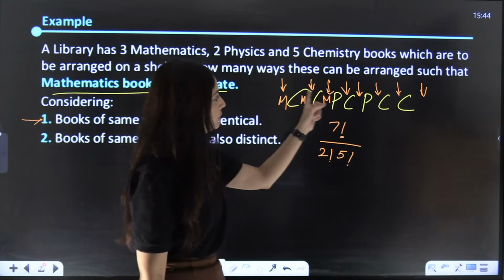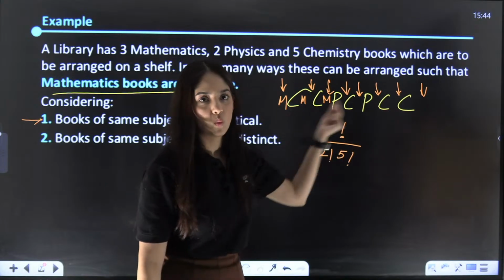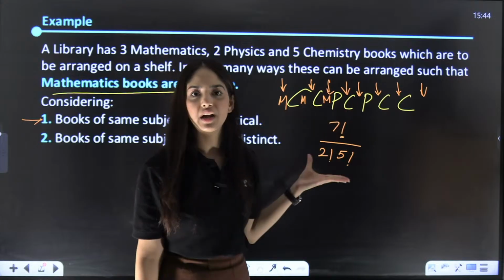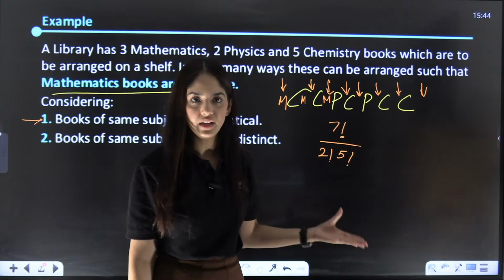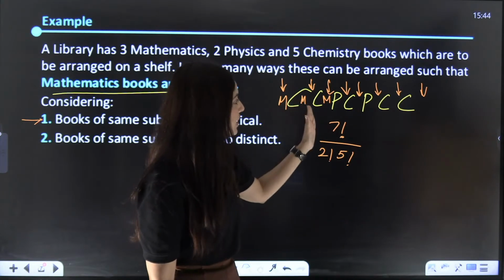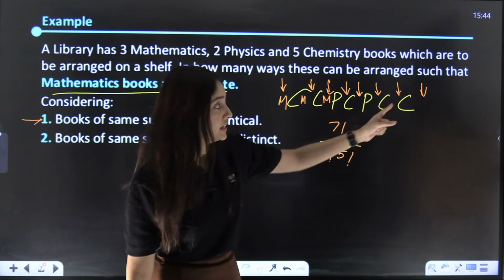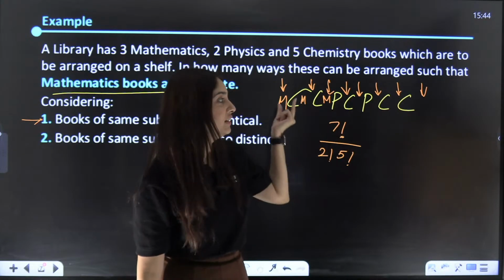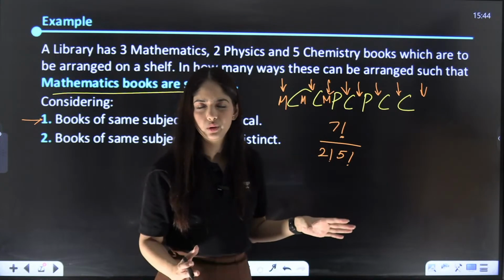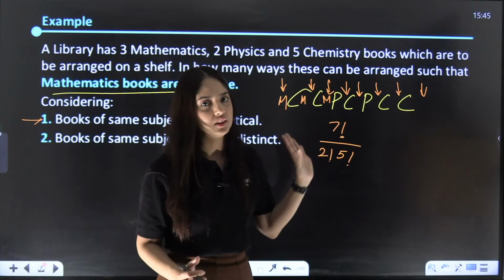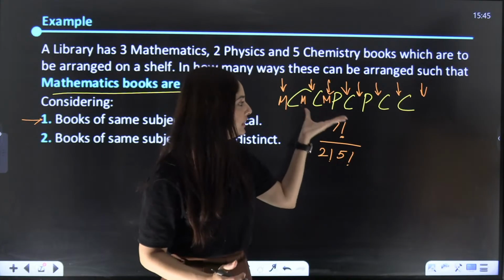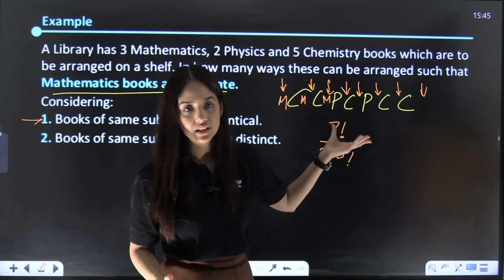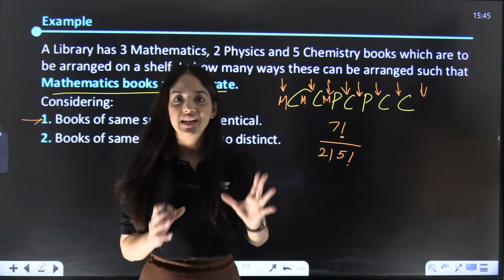So, how many of them are there? 8. One more than the objects that we had already placed, right? Because after every object that we had placed, there's one space and there's also one in the beginning. So, however you want to count, just one more than the objects we had already placed. In this case, we had placed 7 objects. So, this becomes 8 gaps.